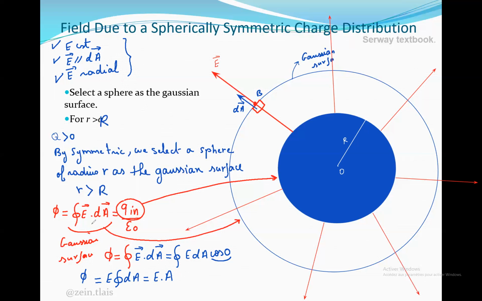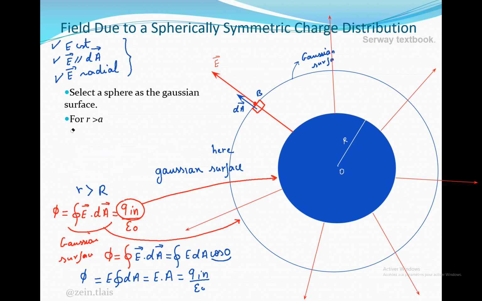This is about the Gaussian surface, equals Qn over epsilon 0. Now, the total flux EA equals Qn divided by epsilon 0.